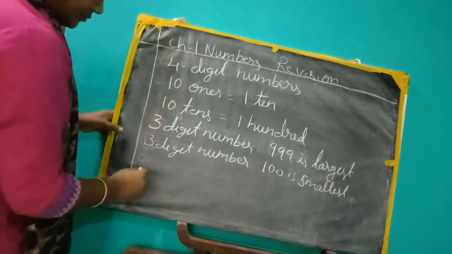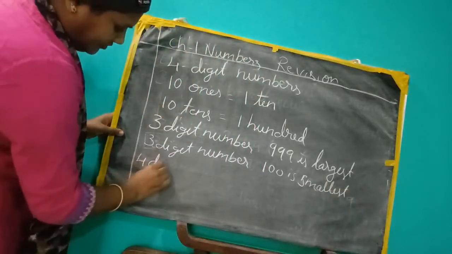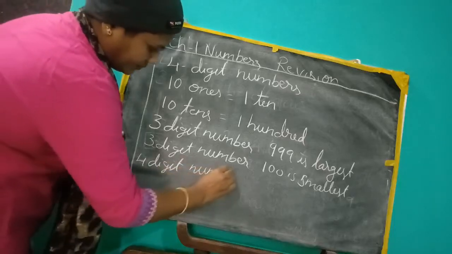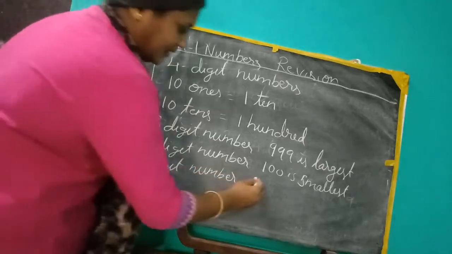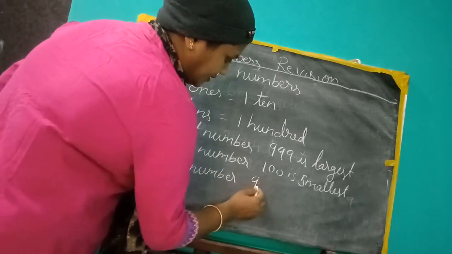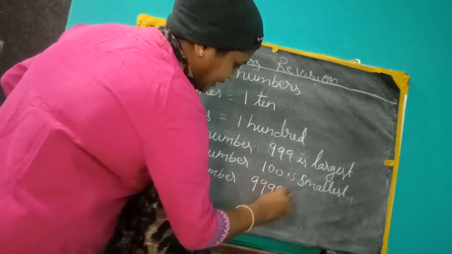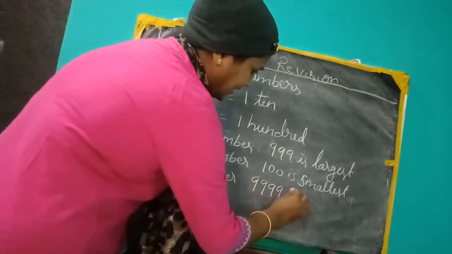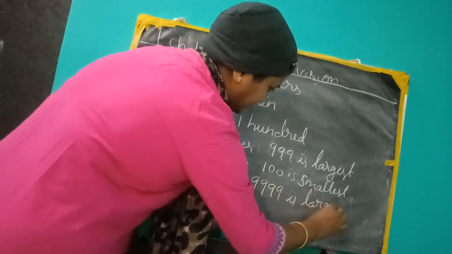In 4 digit numbers, which one is the largest number? See, 9,999. 9,999 is the largest number.